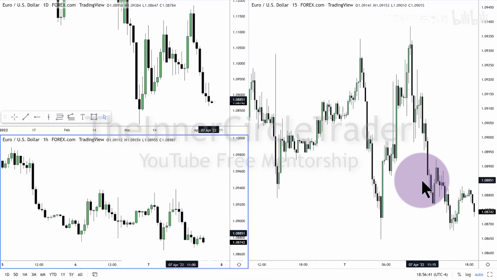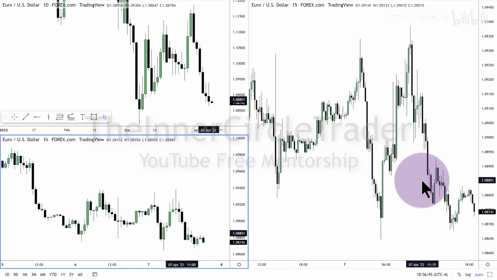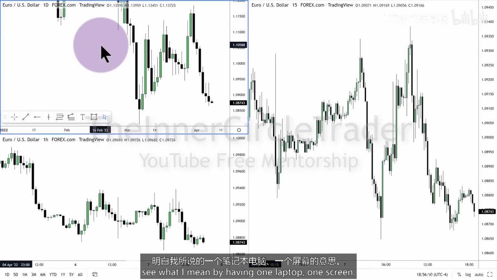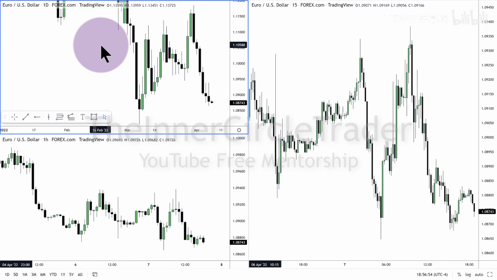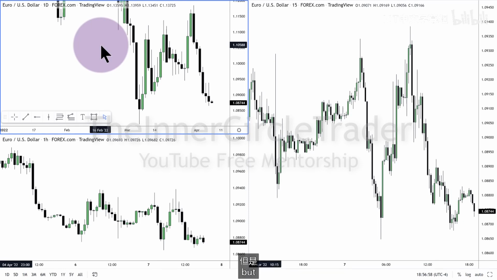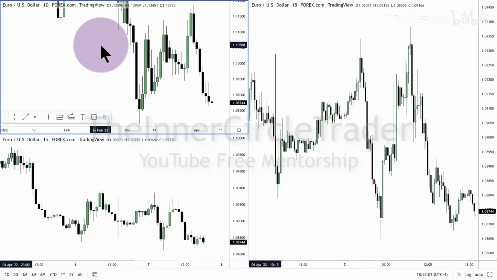But I have it set up like this when I'm looking at the marketplace, the upper left-hand corner. Now, you can do this with individual charts, and you'll see what I mean by having one laptop, one screen. If you do what I'm going to show you here today, you don't need all these screens. But I've been asked to show this both in my private group and in the YouTube community.